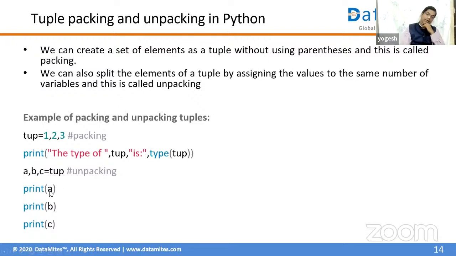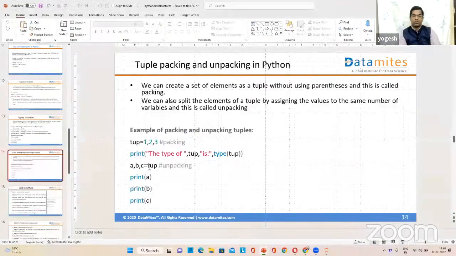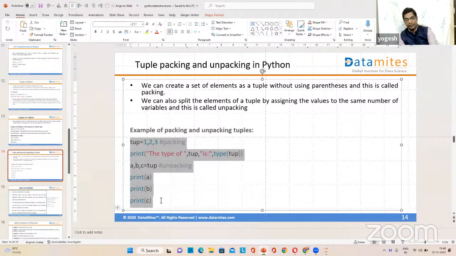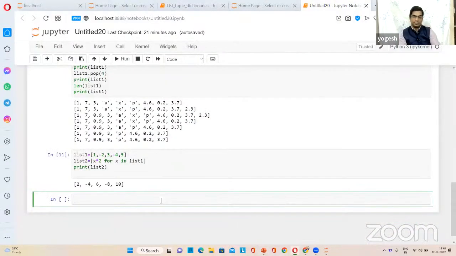Now, what will happen when I print the A value, the B value and the C value? Let me show you so that you will understand how the packing and unpacking happens here.